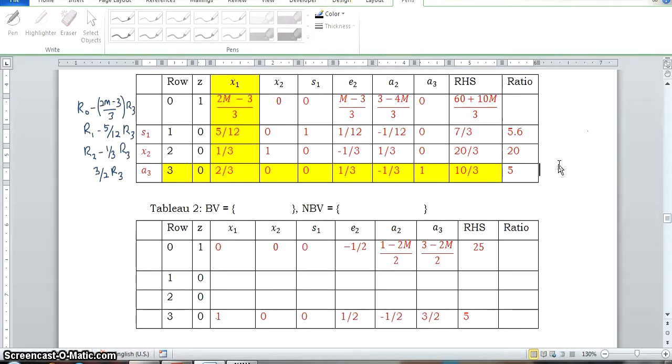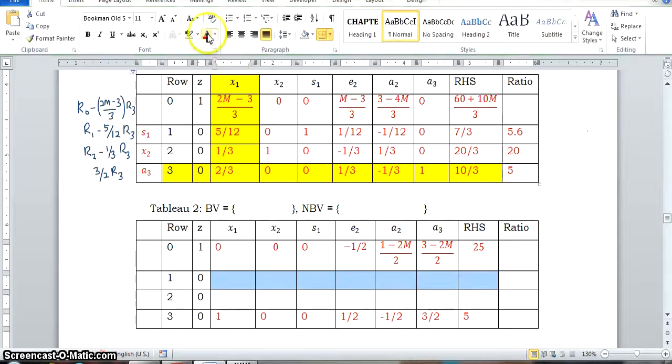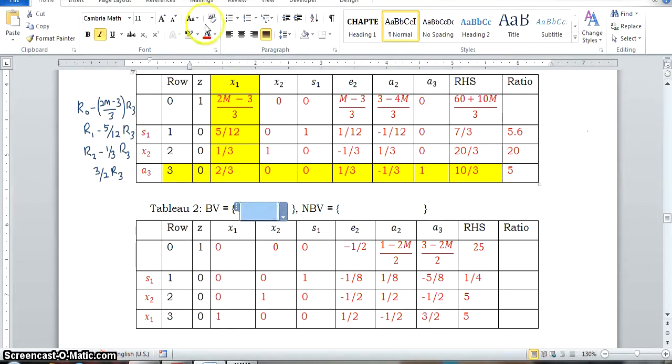Now, row 1 and row 2 are computed using these EROs. We can see here tableau 2 is already completed.